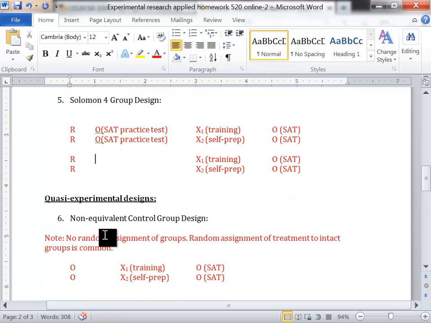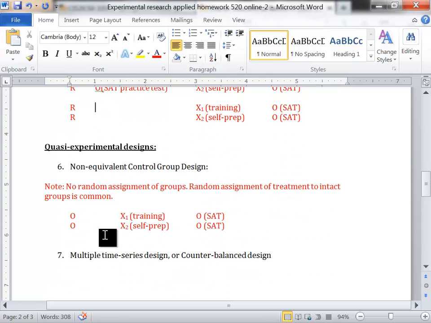And as for quasi-experimental designs, let's have a look at the non-equivalent control group design. So quasi-experimental designs, just a quick note. Again, there's no random assignment of groups. Essentially, it's quasi-experimental research that is commonly done for the same reasons we do causal comparative research, in that it's not always possible or ethical to split up groups to receive certain trainings.